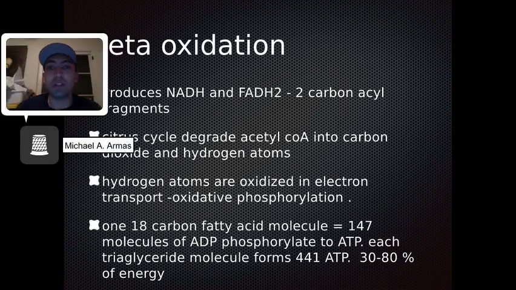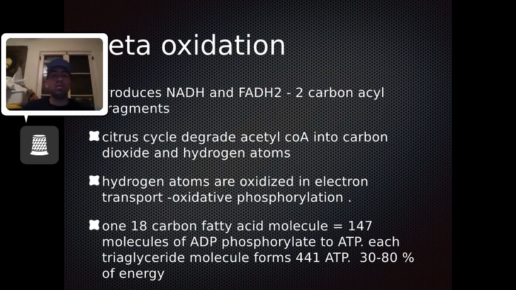So now we're going to be discussing a little bit of beta oxidation. What we're going to be doing is discussing how, during beta oxidation, we break down one molecule of fat and count the ATP that we gain from that. During beta oxidation, NADH and FADH2 are produced, and that's turned into a 2-carbon acyl fragment.